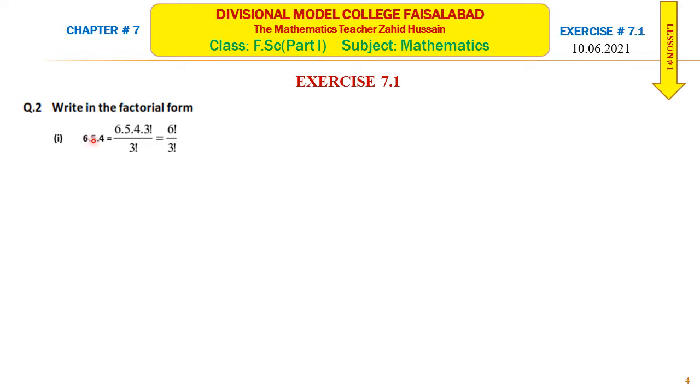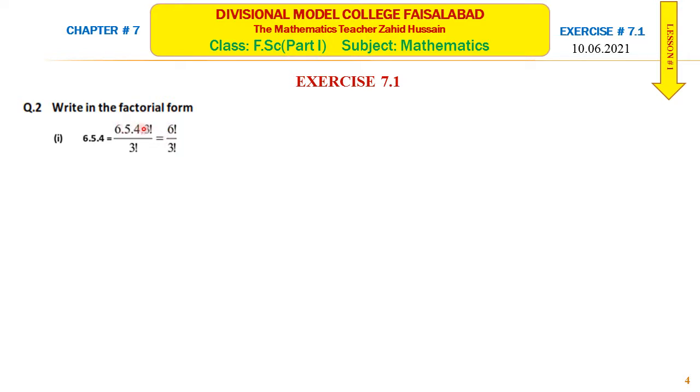So multiplying this with 3 to 1 means multiplying this by 3 factorial. So to maintain the equality, we will have to divide by 3 factorial also. So in the numerator, this is 6, 5, 4, 3, 2, 1. The product of all the numbers from 6 to 1 means this is the factorial of 6.